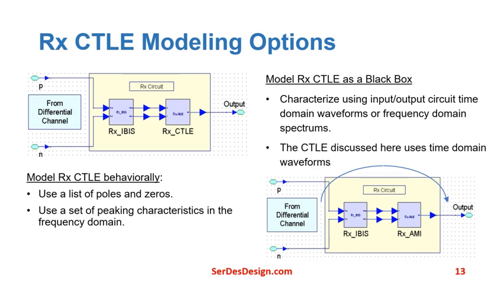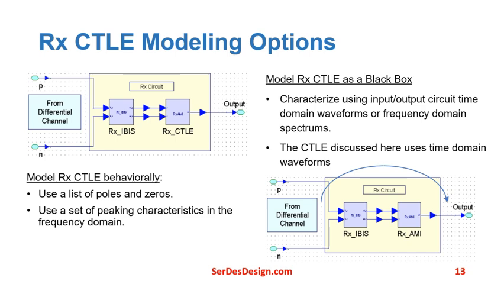We're now ready to discuss the Rx CTLE modeling options. Two types of CTLE modeling approaches are defined. One approach models the Rx circuit CTLE behaviorally with poles and zeros. The CTLE can also be defined with a list of poles or zeros, or with peaking characteristics defined in the frequency domain. Another approach is to model the Rx circuit as a black box.